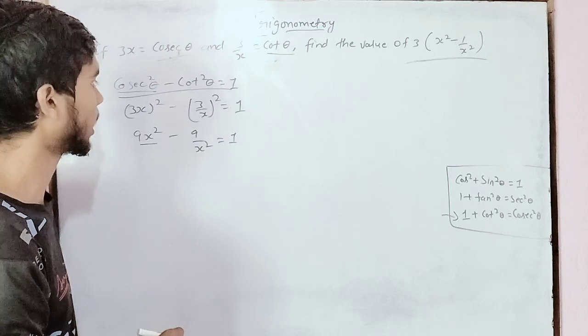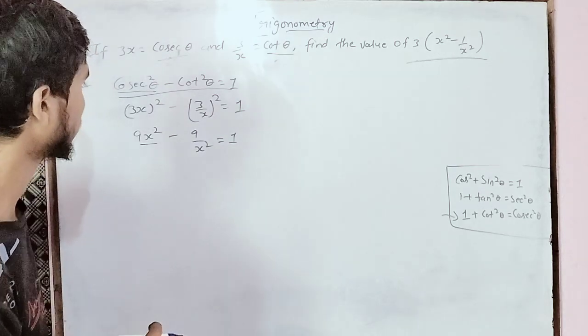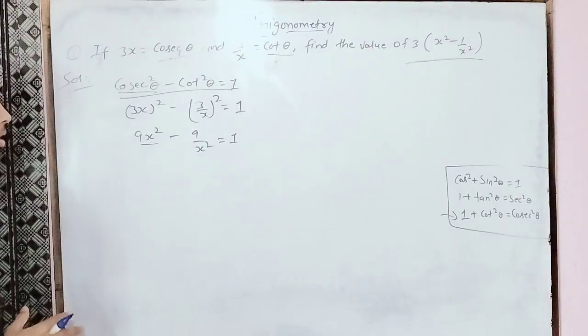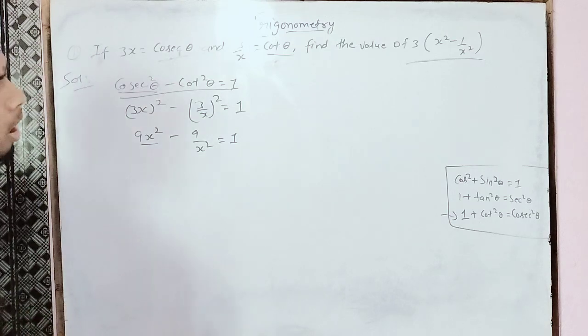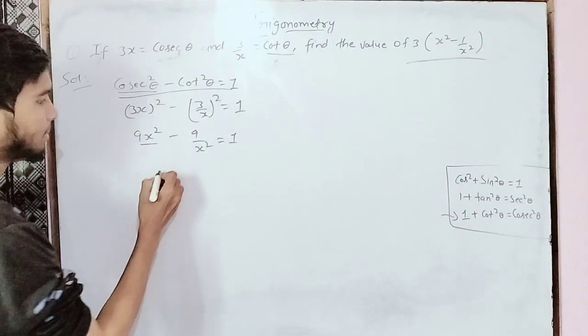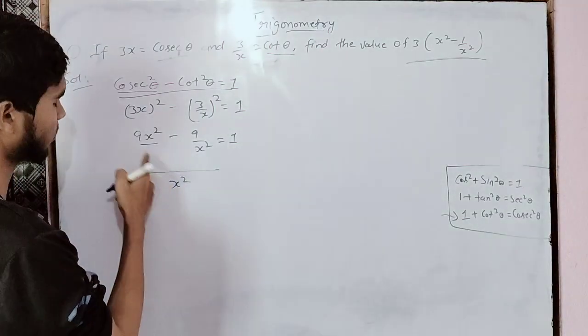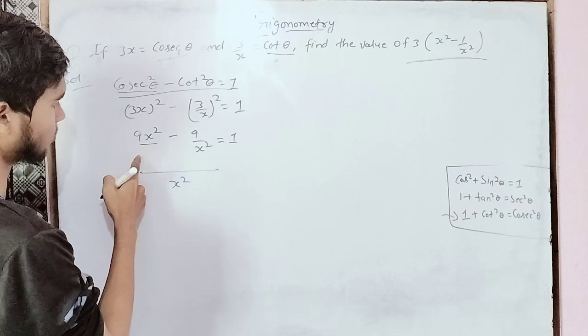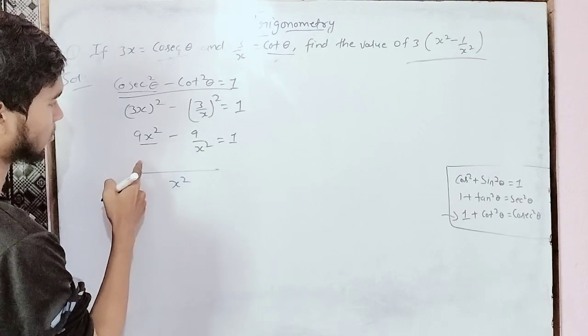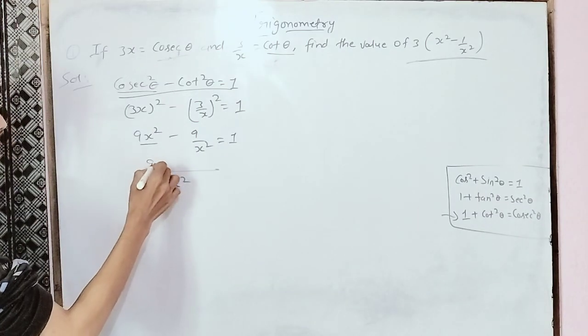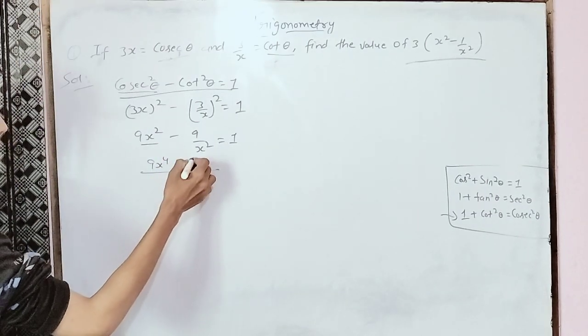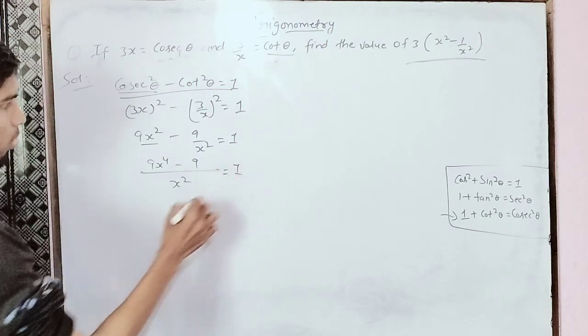So how will it happen? x square, 9x4, and this is as it 1.